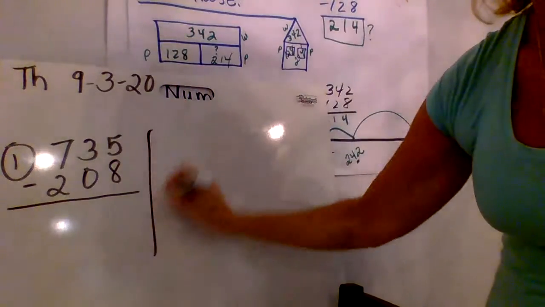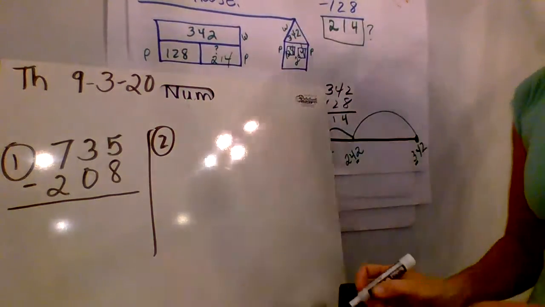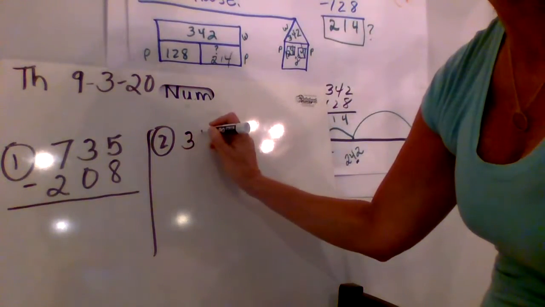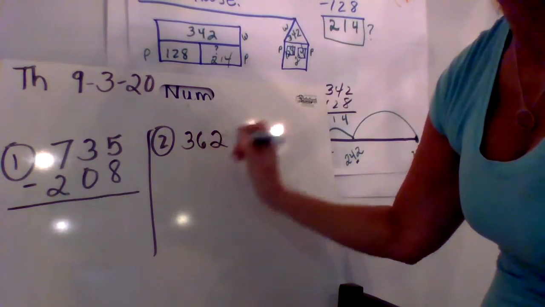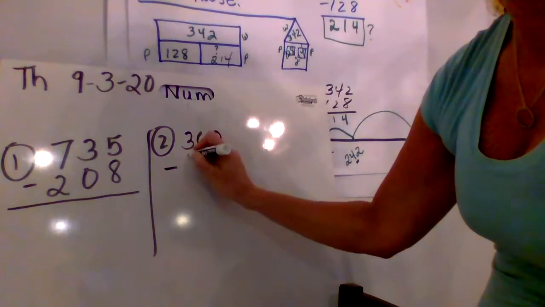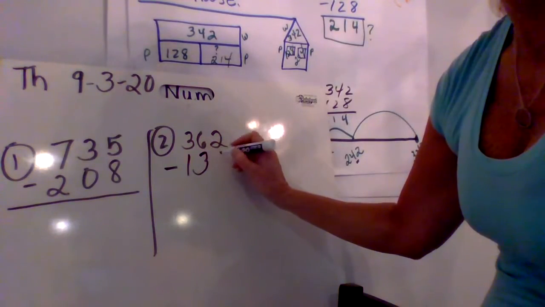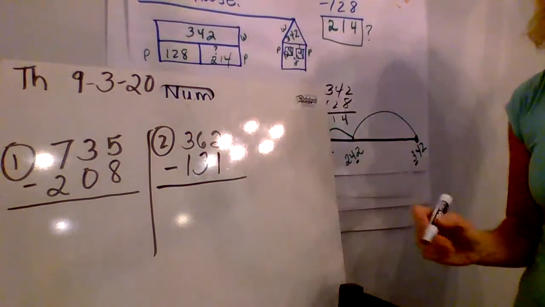Number 2. Okay. Try the part, whole. So we're going to do 362 minus 131. Okay, let's try the part, whole.